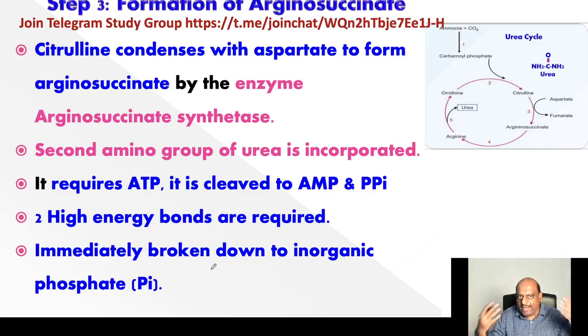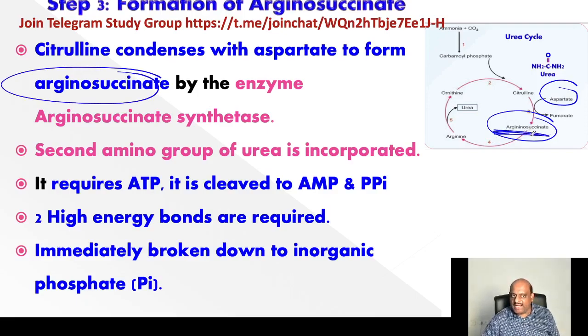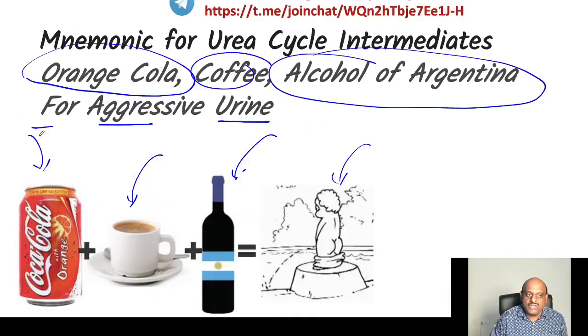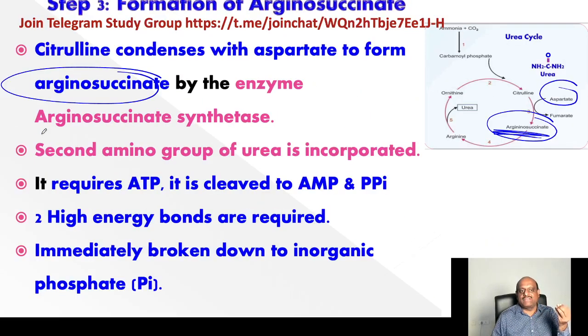Now, step number 3, formation of arginosuccinate. Citrulline condenses with aspartate. Aspartate comes from outside, to form arginosuccinate, and that's the reason the enzyme is called arginosuccinate synthetase.